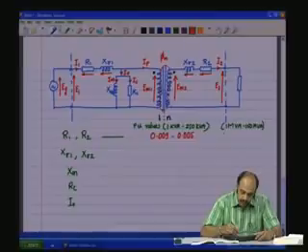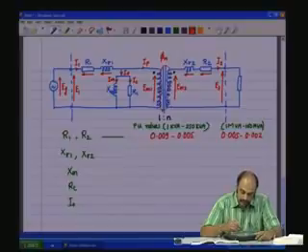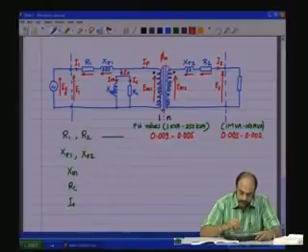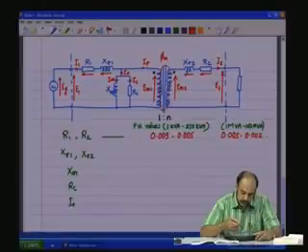And these values vary from 0.005 to 0.002. Per unit values are dimensionless quantities. You see, actually the variation is not much, from 0.009 to 0.005 for 250 kVA variation, and for around 100 MVA variation also 0.005 to 0.002.